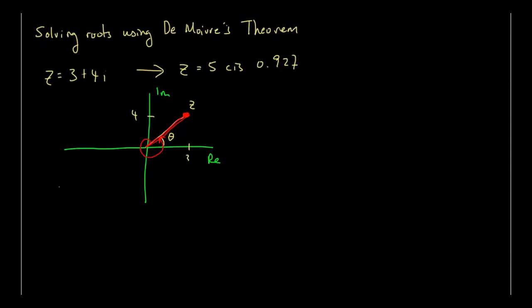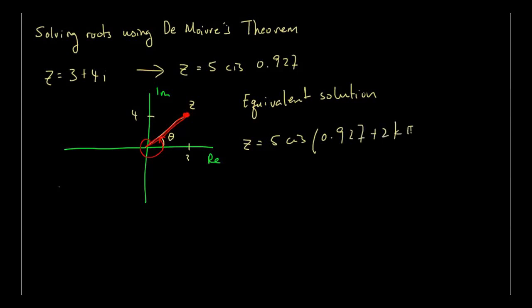So our equivalent solution for this would be to simply add 2k pi in the cis function. So 5 cis of 0.927 plus 2k pi, where k is the number of rotations.